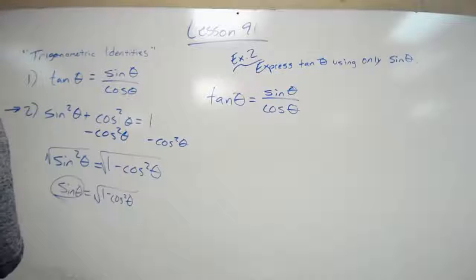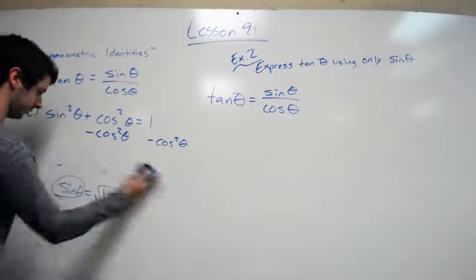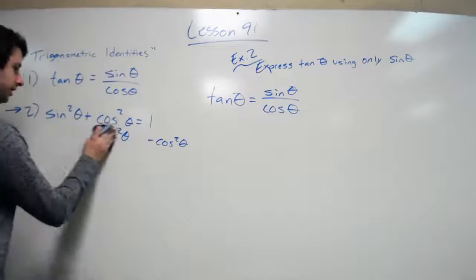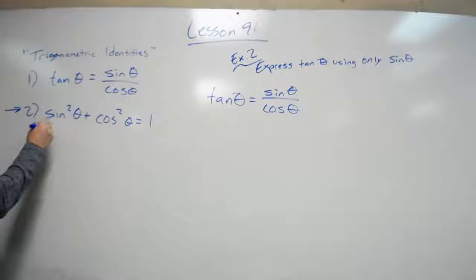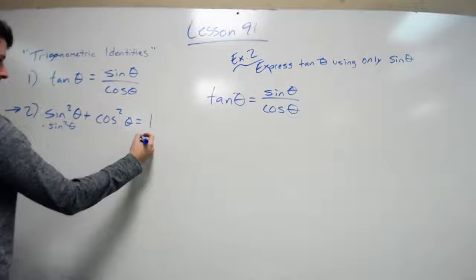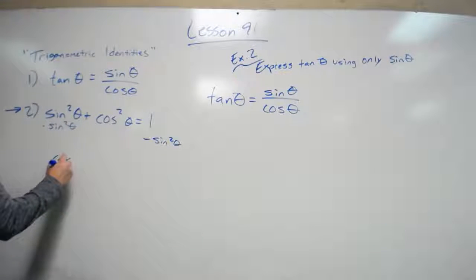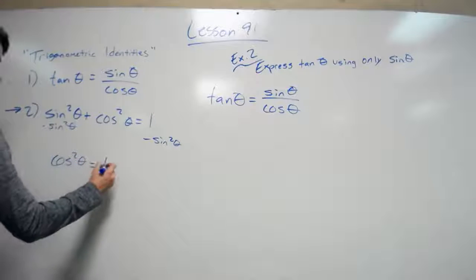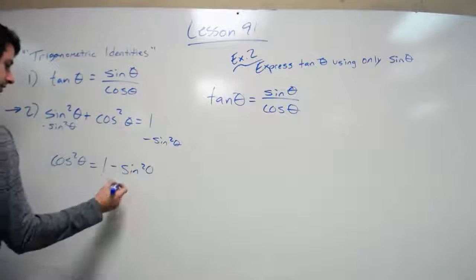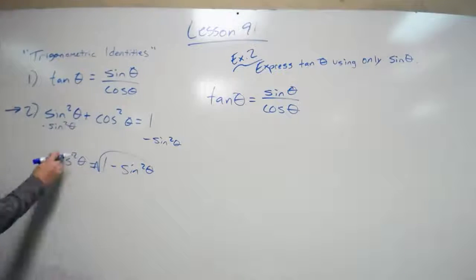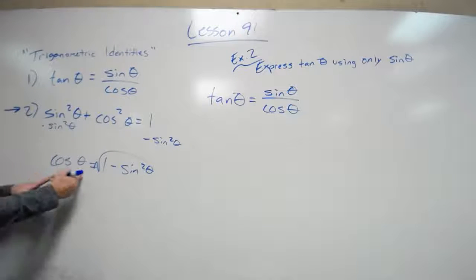Since I only want it in terms of sine theta, I want to be able to plug in for cosine. So let me go back one step. It's all actually going to end up being the same thing. I just need to subtract the sine squared of theta. That was my bad. So cosine squared theta equals 1 minus sine squared theta. Square root both sides, okay. So now we're here, same thing.